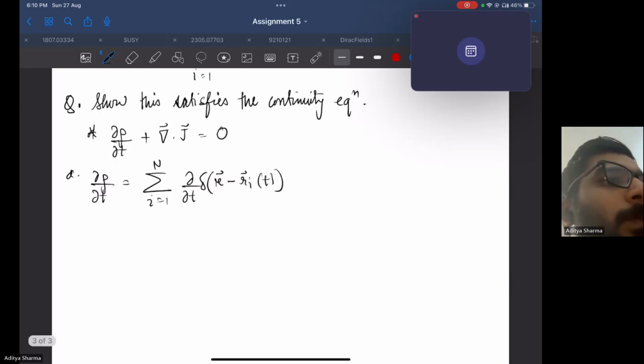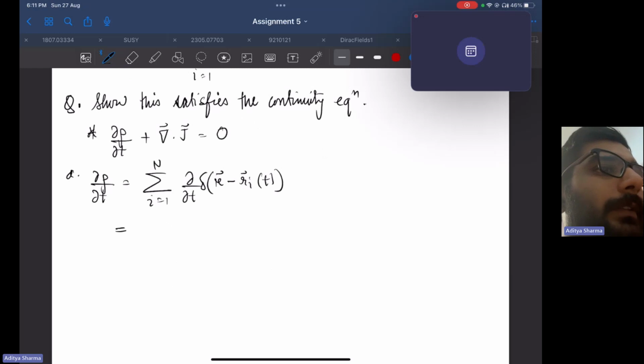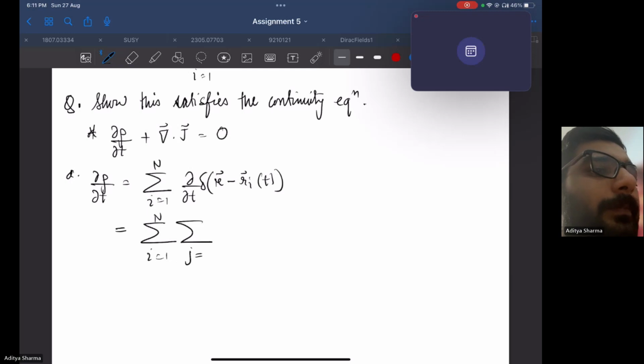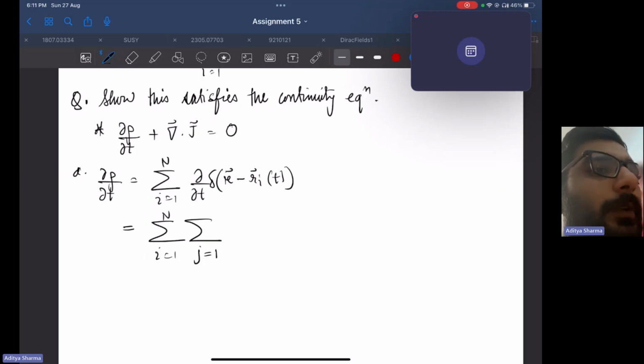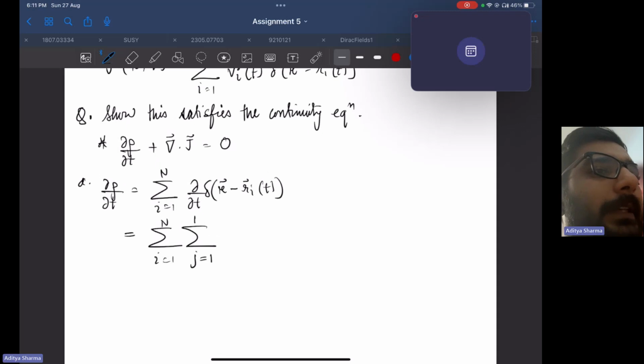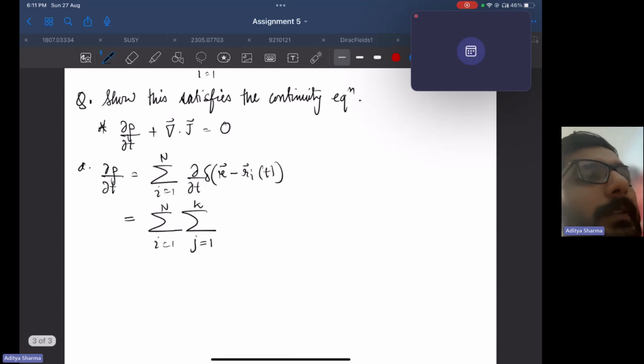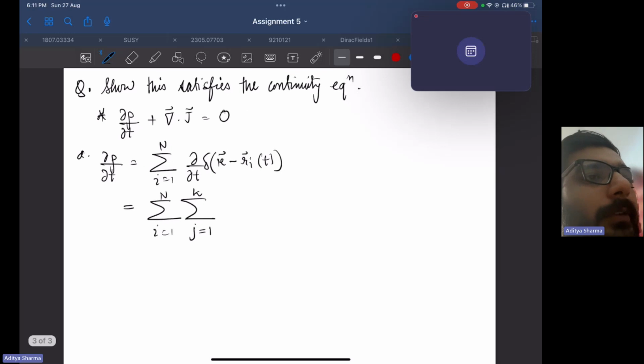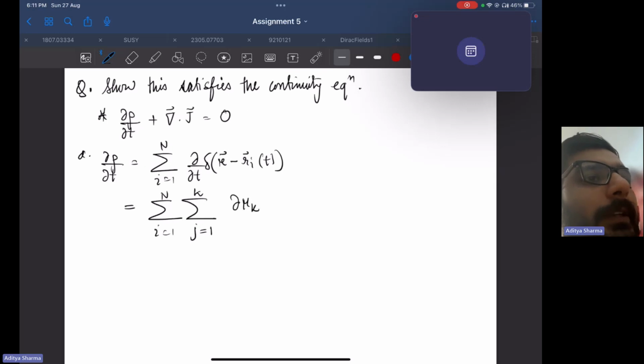the Dirac delta. What we want to do now is write this in terms of j, in terms of the positions. If I want to bring a grad here, I'll use the chain rule. Sum over j from 1 to k, supposing this is in k dimensions, I'm going to write d r_k by dt dot.